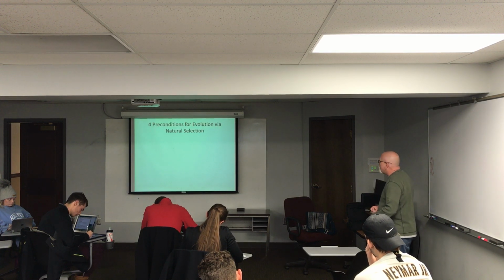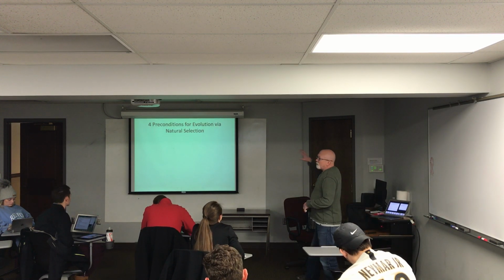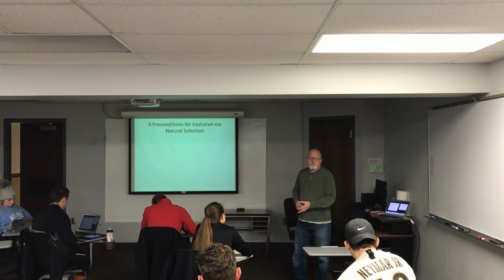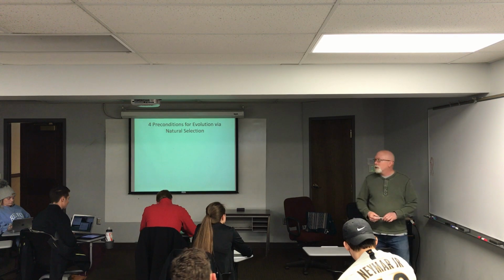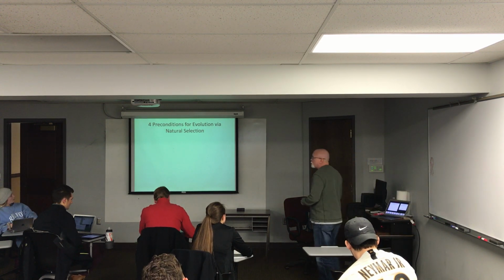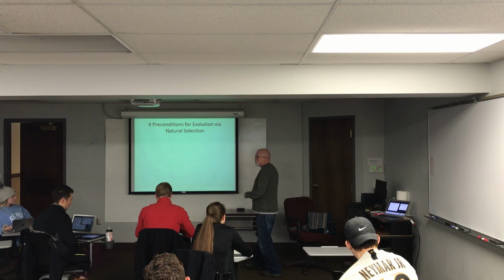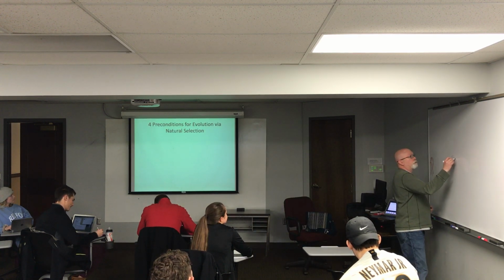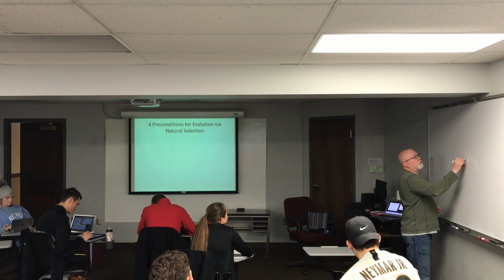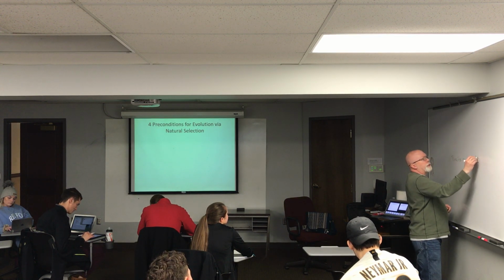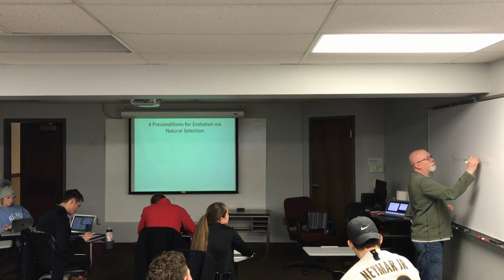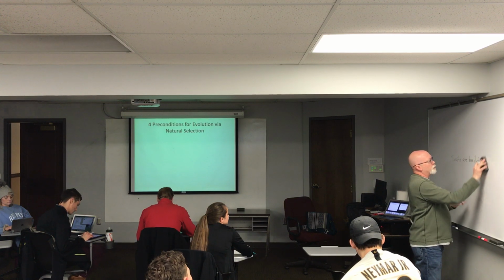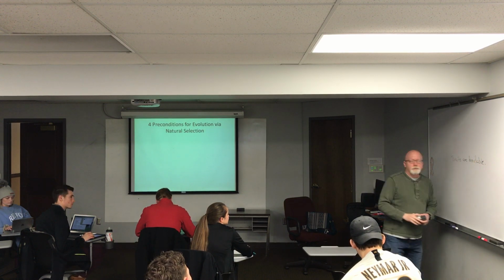All right, some review for you. Evolution via natural selection is one of the things that we're going to assume guides the evolution of behavior. Who can recall for me what the 4 preconditions are for evolution via natural selection to occur? Okay, so traits are heritable, meaning that they are genetically based and can be passed from parents to offspring. There's variation.